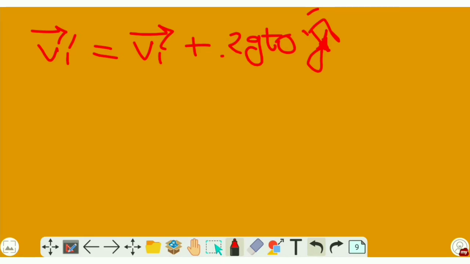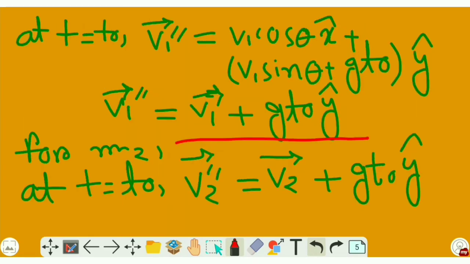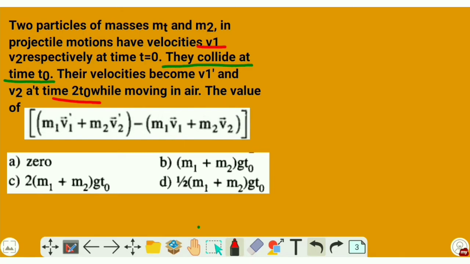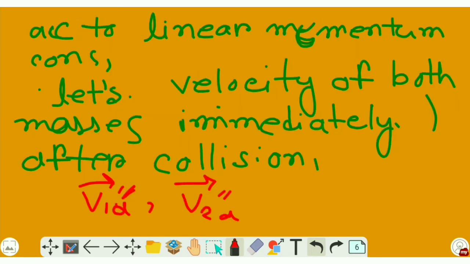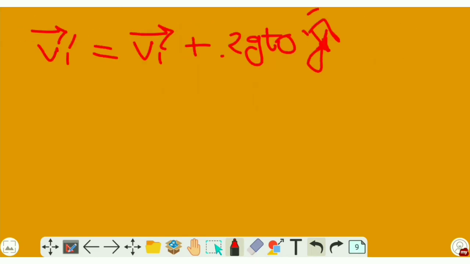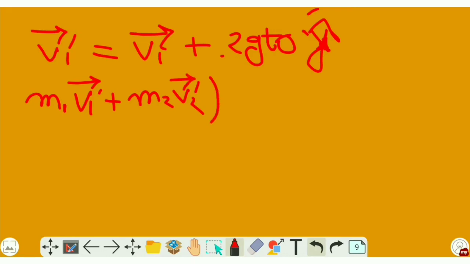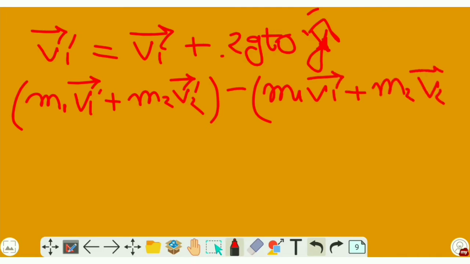So what term do we have to derive? m1 v1 dashed vector plus m2 v2 dashed vector minus m1 v1 vector plus m2 v2 vector. So write it here, m1 v1 dashed vector plus m2 v2 dashed vector minus m1 v1 vector plus m2 v2 vector.